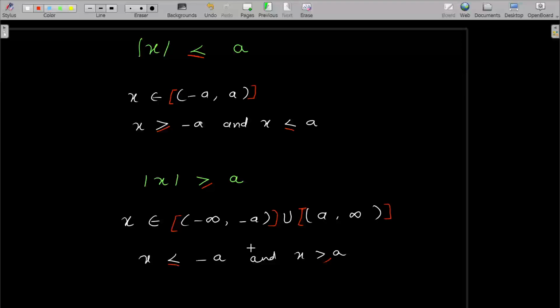Would you want to try a question? Okay, great. So we have this inequality, Anishka: absolute value of 3 fourths x minus 2 is less than 1, and you have to tell me the solution.